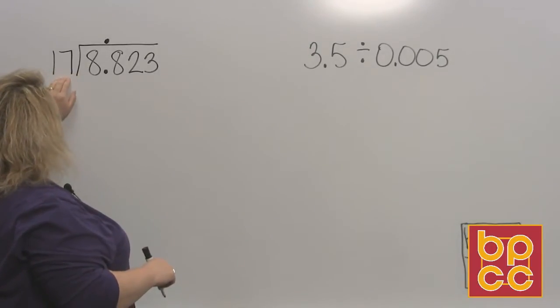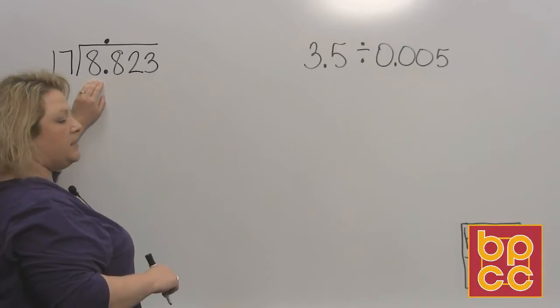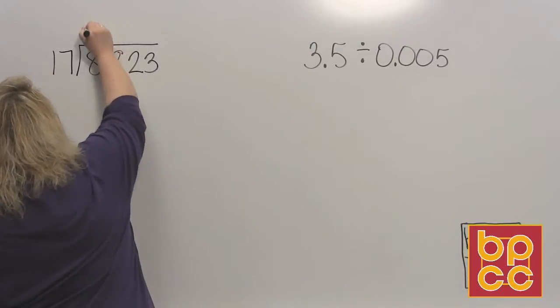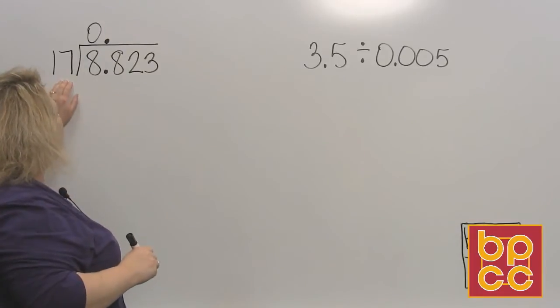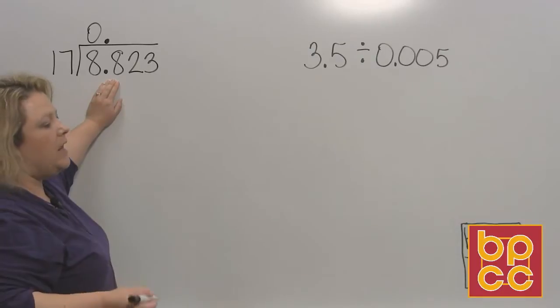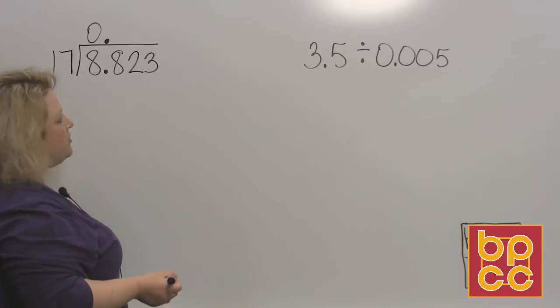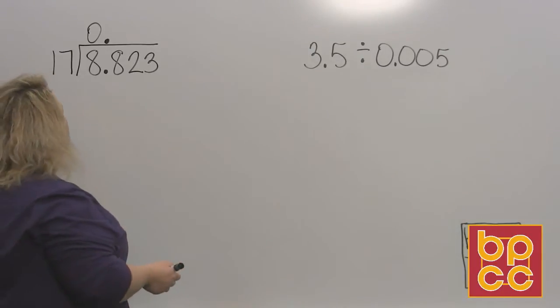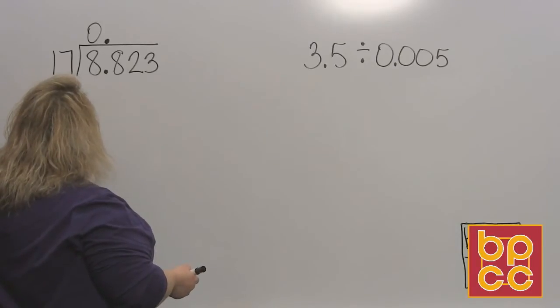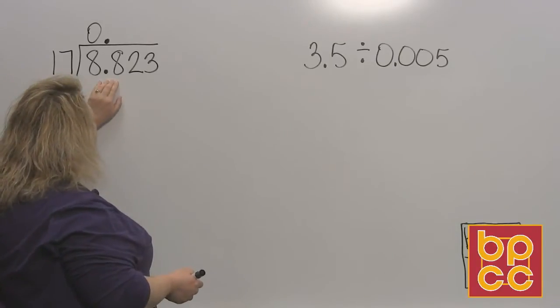We say 17, how many times does it divide into 8? 0. So let's put 0 up here as our placeholder. And then we do again. 17 divides into 88. Now it'll go into 88. It's just a matter of how many times. So we're going to estimate about how many 17s would be in 88.